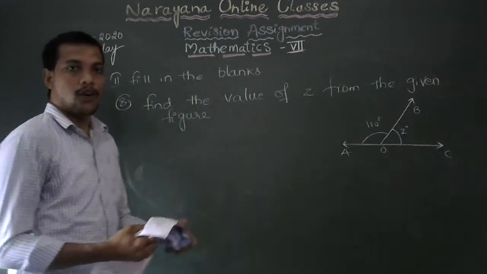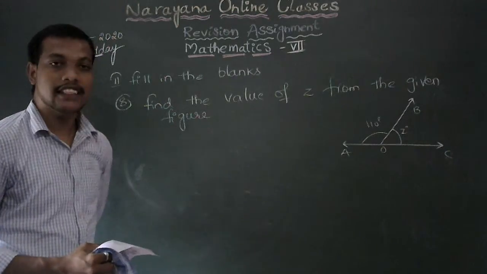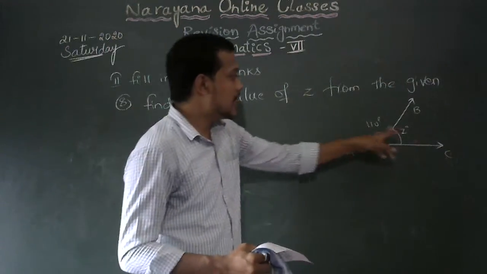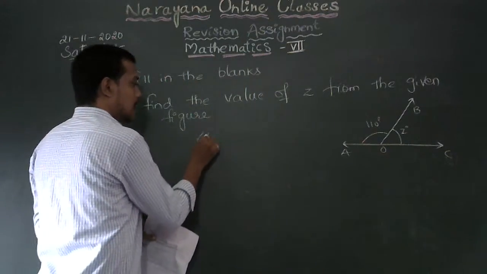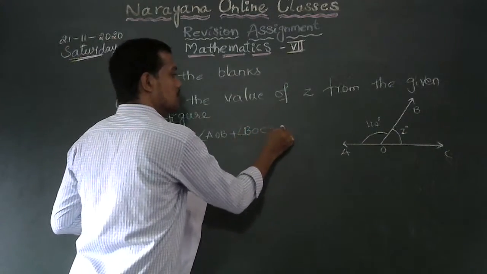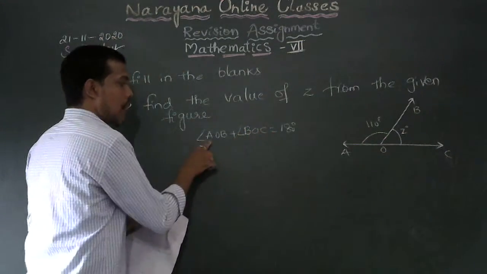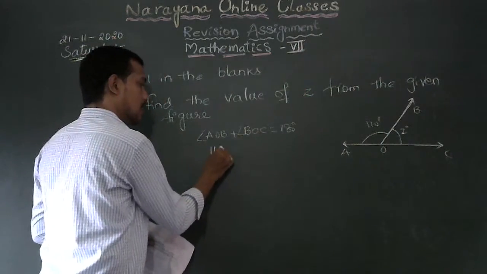This also shows a linear pair. Linear pair is nothing but 180. If we add this angle and this angle, we get 180. So angle AOB plus angle BOC is equal to 180. Angle AOB is 110.